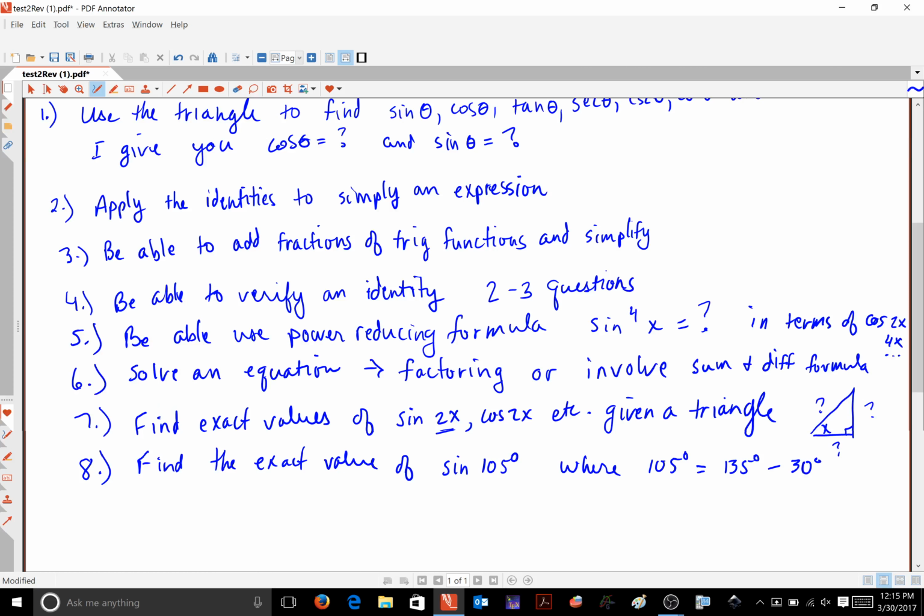Okay, so what am I giving you from the back cover of the book? I think I just give you that back cover of the book on this test is what I do. I just want you to apply them. We've already had the test over the definitions of sine and cosine and stuff, so I'll just photocopy that back cover and give it to you.